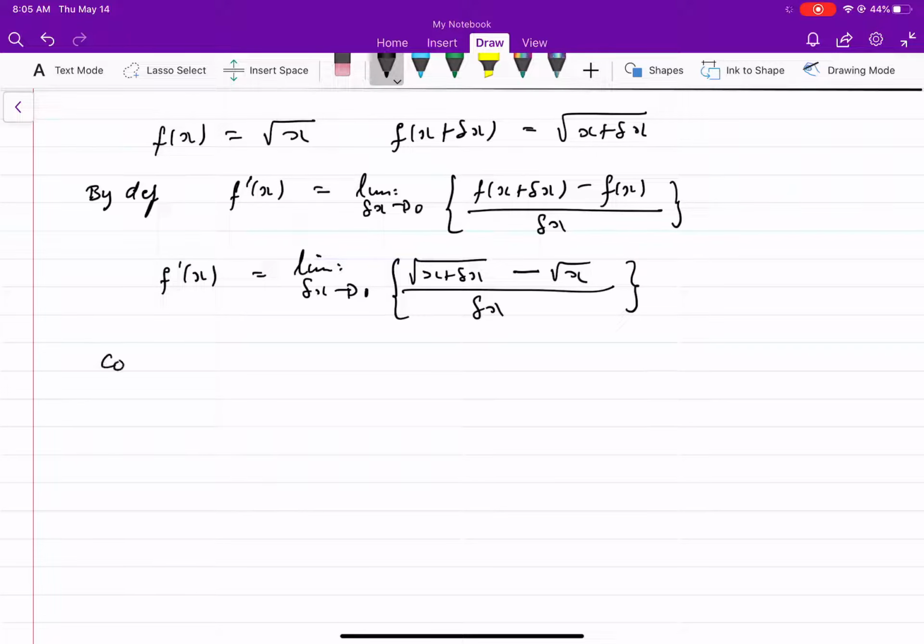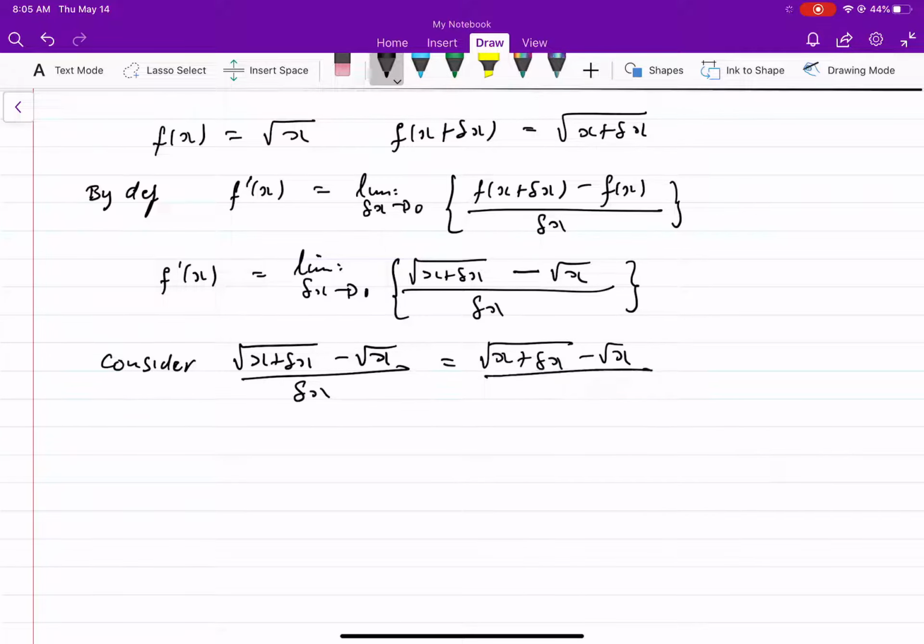Consider the root of x plus delta x minus the root of x all over delta x, which I will rewrite as the root of x plus delta x minus root x upon delta x, times the root of x plus delta x plus root x upon the root of x plus delta x plus root x.